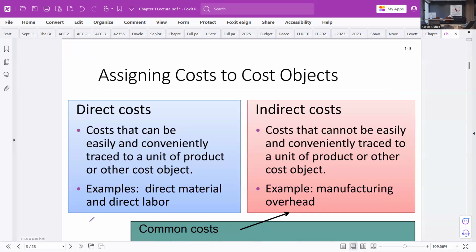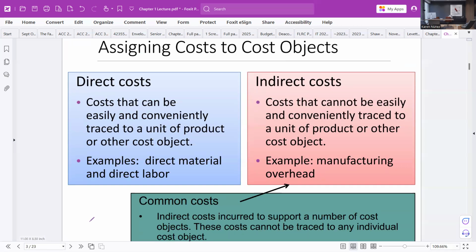From a big picture perspective, when we begin this discussion of cost classification, there are two basic categories that we have. We have direct costs and we have indirect costs. Direct costs are costs that we can easily and conveniently trace to the cost object.